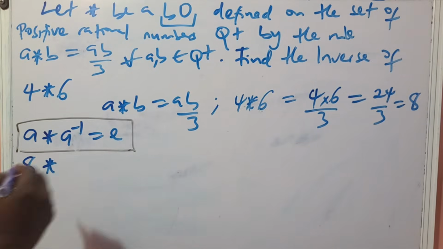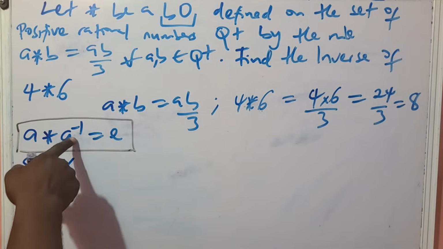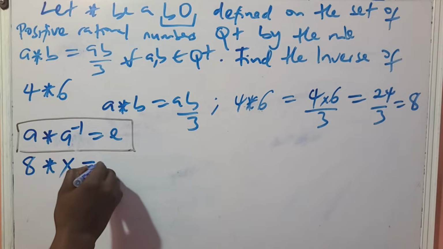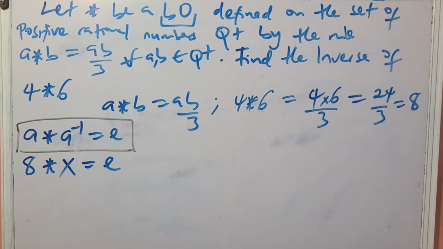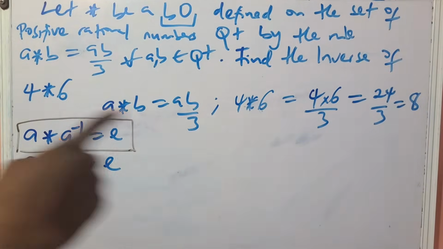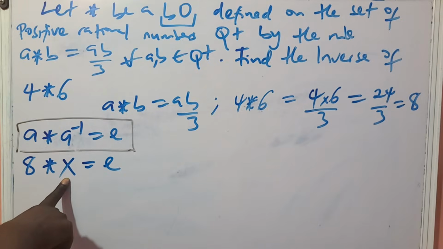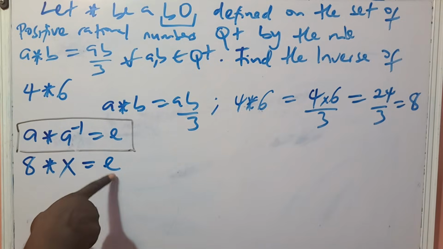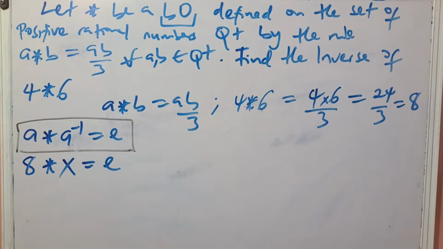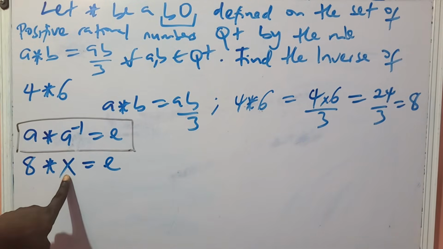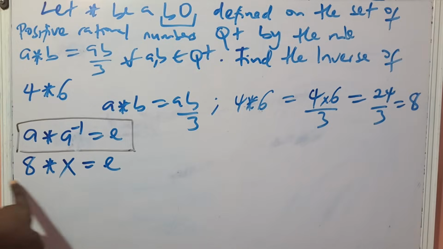One thing I'm sure of is that 8, which is 4 star 6, star its inverse must give me the identity element. We have been able to get 4 star 6, which was 8. But in order for us to get the inverse, there is something left that we need to find in this expression that we have not gotten, and that's the identity element.